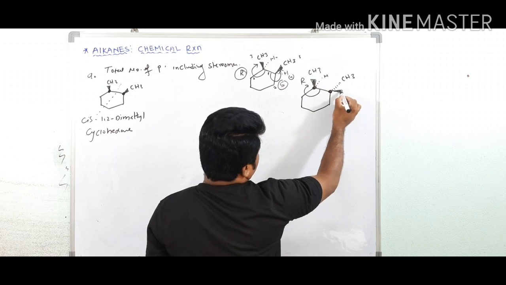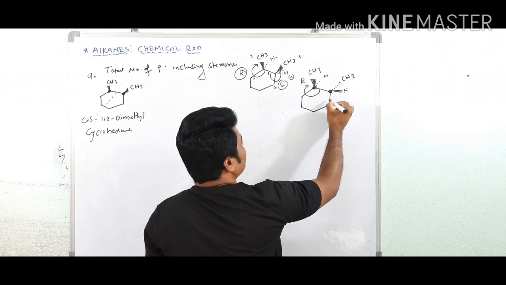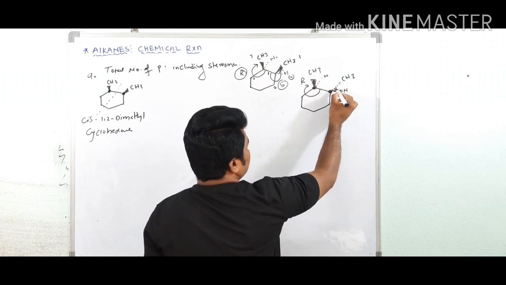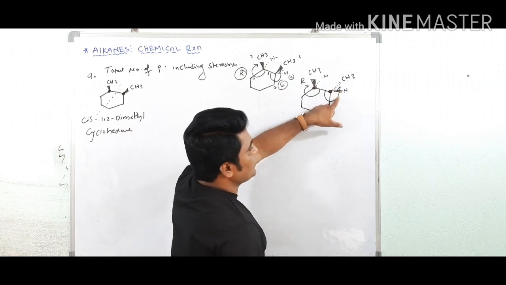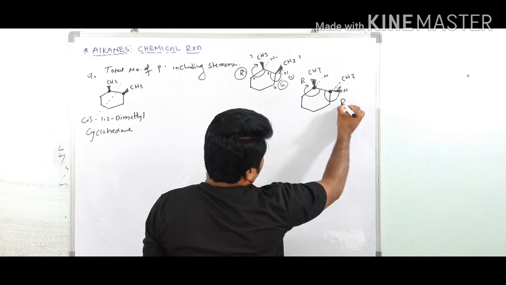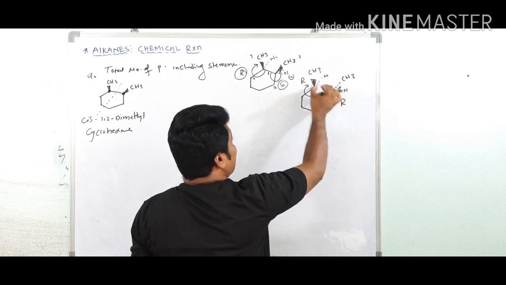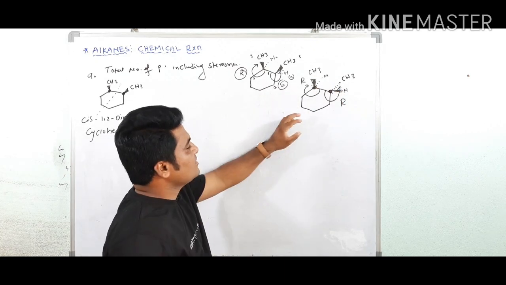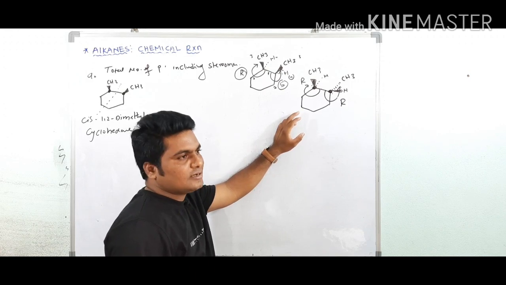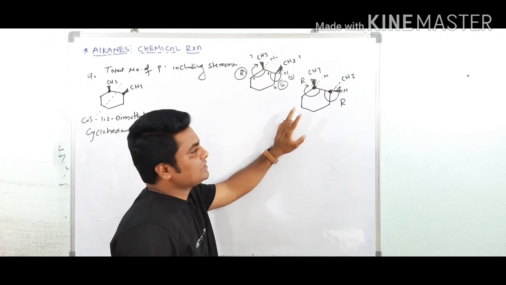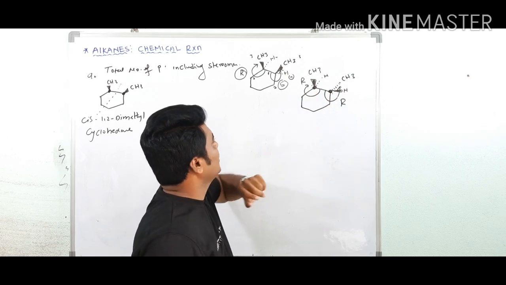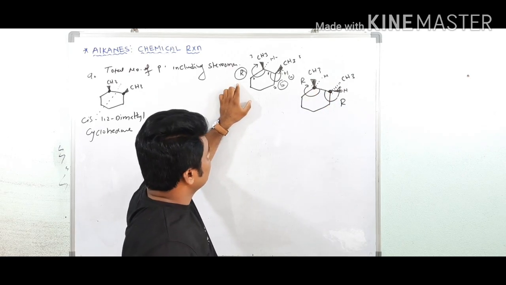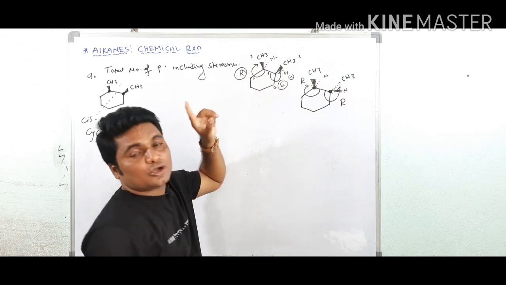Here above the plane is H. See here, 1, 2, 3. Here you are getting S, but the lowest priority is above the plane, so it means this is R. So these two carbon atoms are identical. In trans 1,2 dimethyl cyclohexane, these two chiral carbon atoms are stereochemically same. But in the cis, the two chiral centers are stereochemically different.